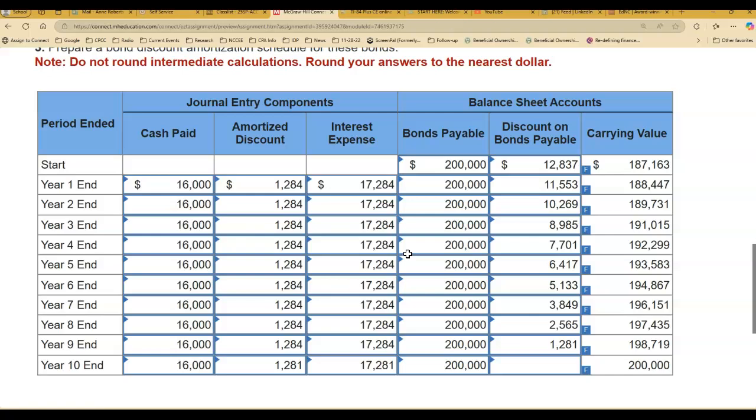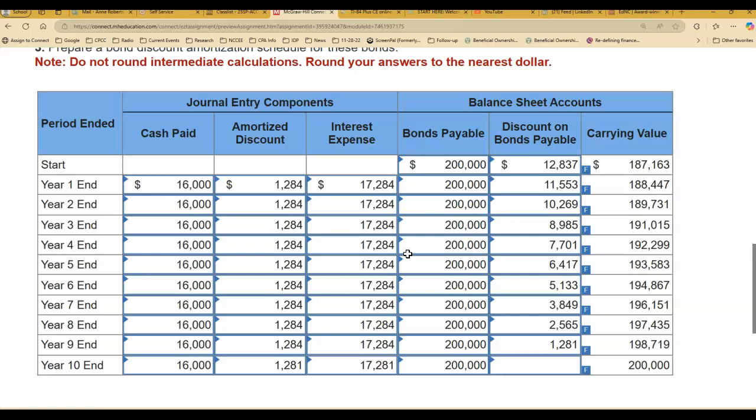Now, let's go to the first row. At the beginning, the bond payable was $200,000, right? The discount was $12,837. That gave us a carrying value of $187,163, right? Now, couple of things. So there's the cash paid. That's the same every single time.